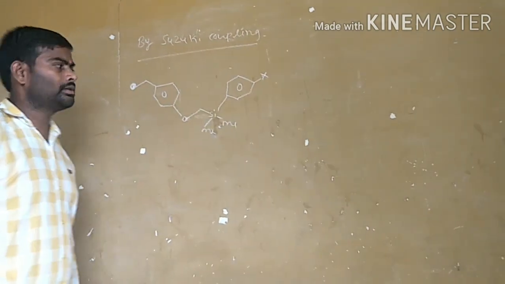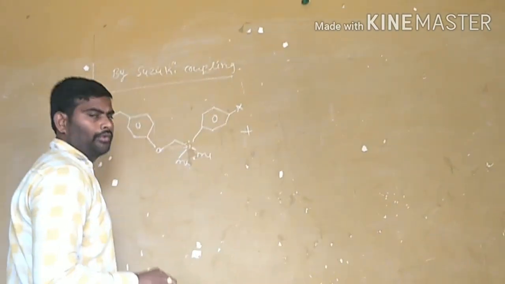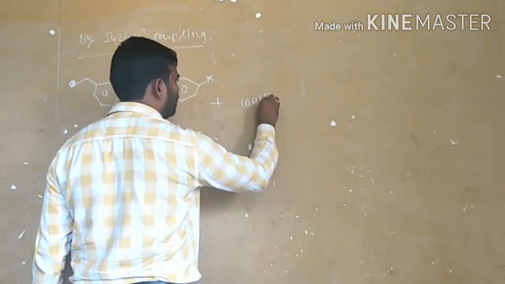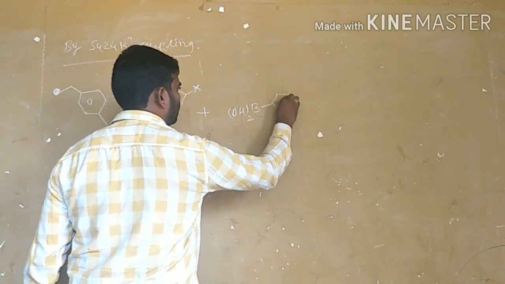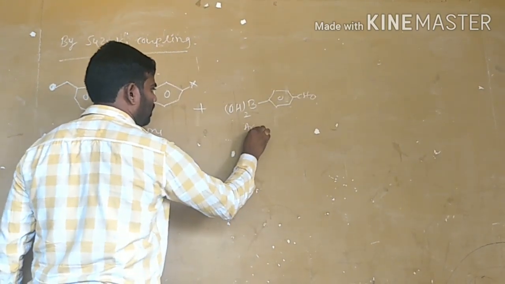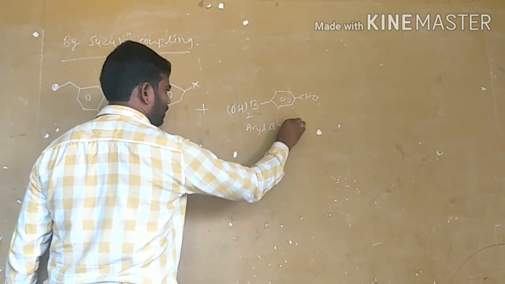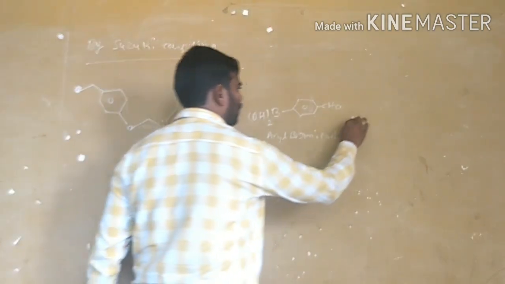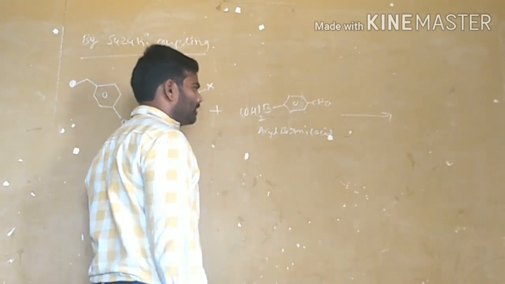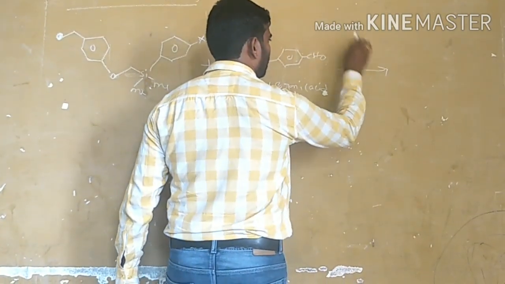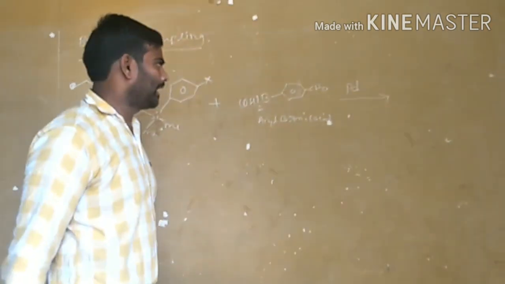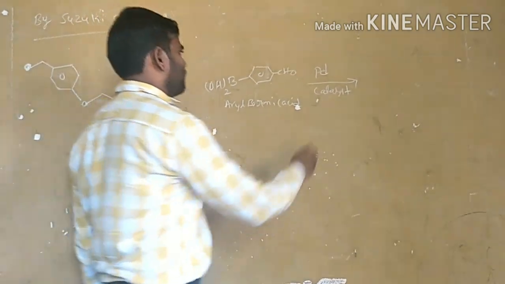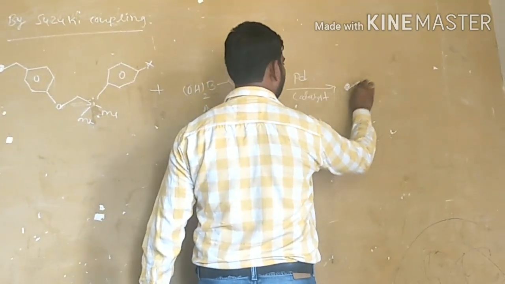The Suzuki coupling reaction is aryl halides treated with aryl boronic acid, in the presence of a palladium 0 catalyst. Here is a resin bonded.